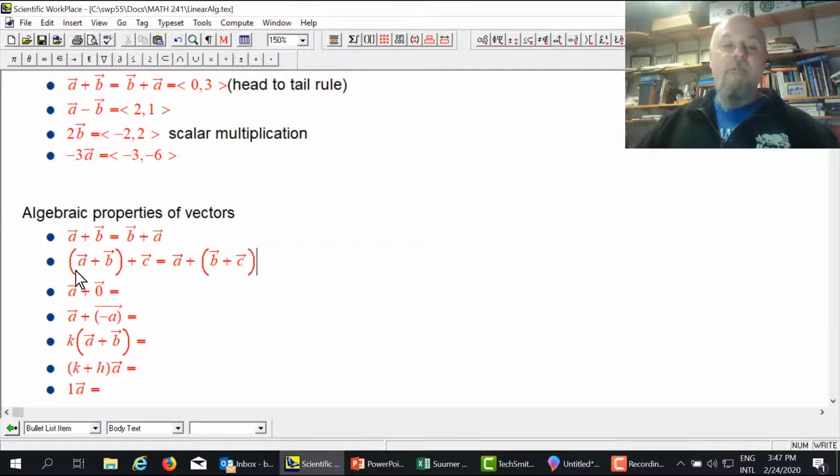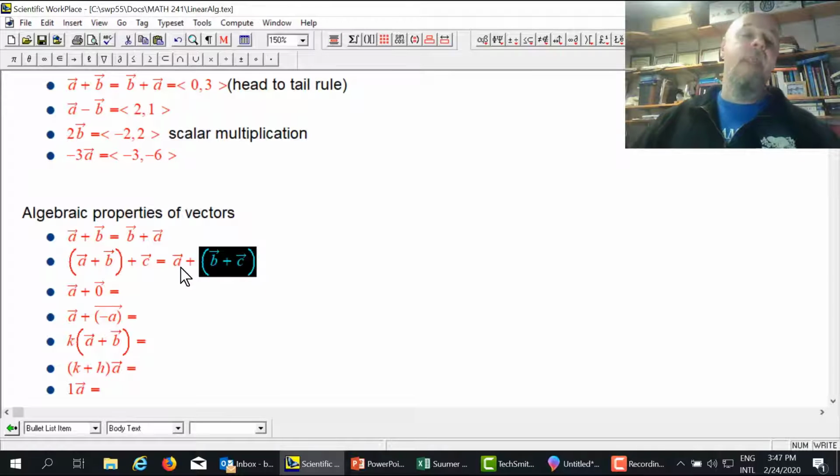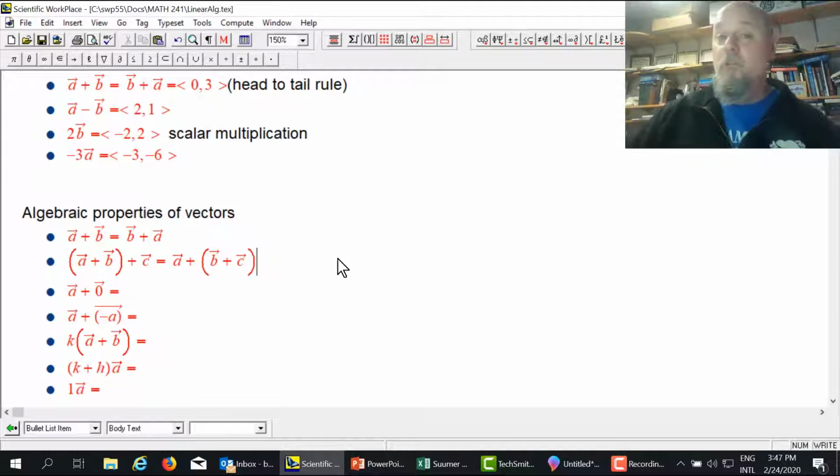You add one vector to another vector. That gives me a vector. That vector plus vector c is the answer to the left-hand side. Or I could have added vector b plus vector c, got an answer, and then added that vector to vector a. So in other words, it doesn't matter what order you add vectors together.